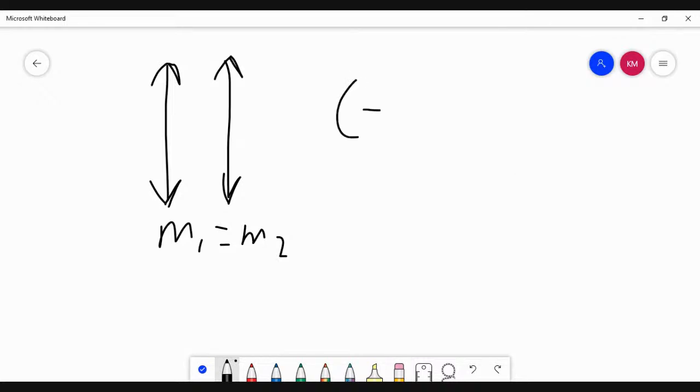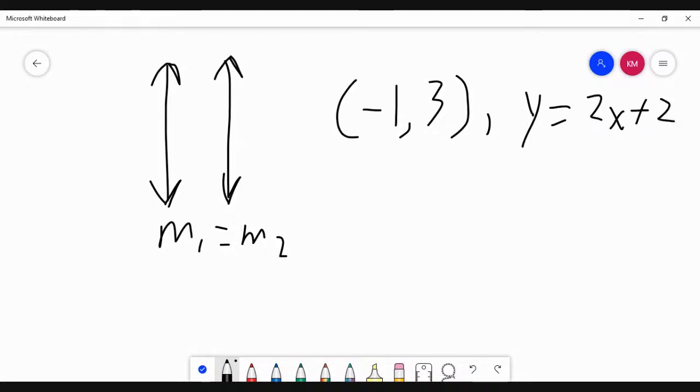Parallel, I have the point -1, 3, and I have a given line of y equals 2x plus 2. Now if you remember slope-intercept form, it says y equals mx plus b, where m is my slope and b is my y-intercept.